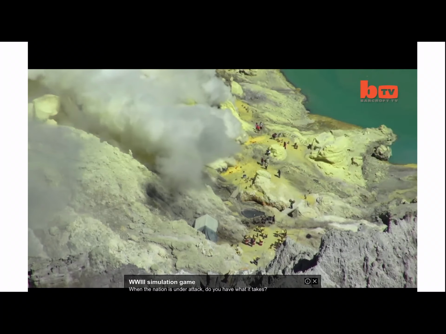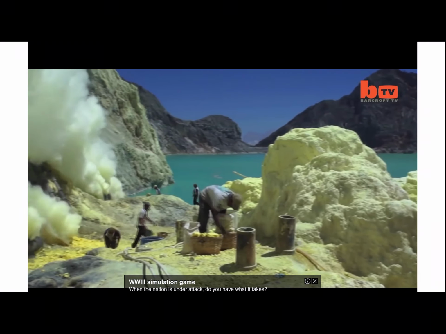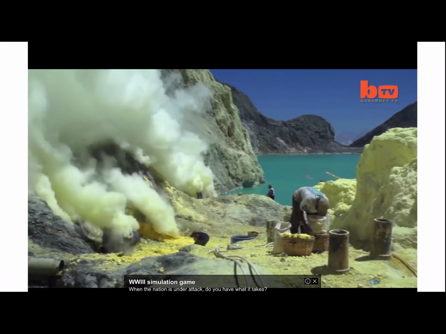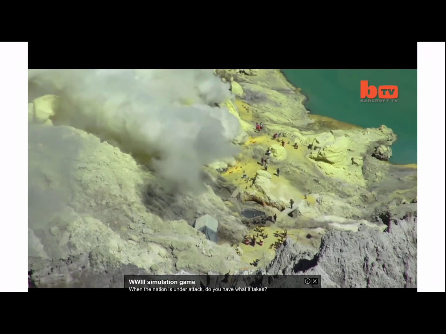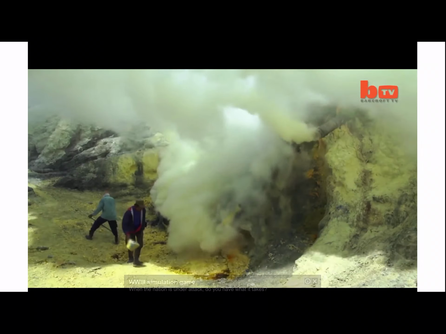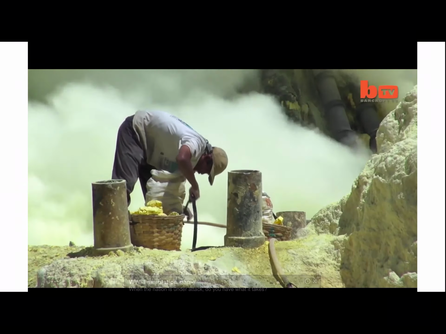Despite the noxious gases, local workers scratch out a living here, gathering the sulfur which is used in the chemical industry. Cameraman Mark Cheglat had to wear a gas mask while filming, but many of the workers here do not, which can have adverse effects on their health.